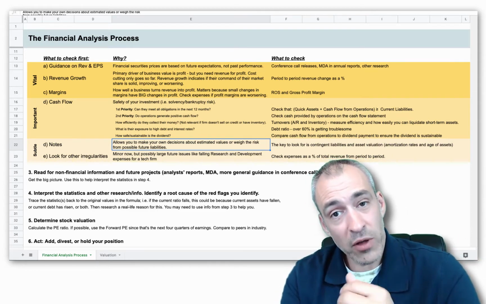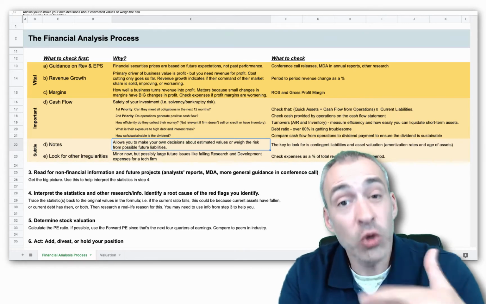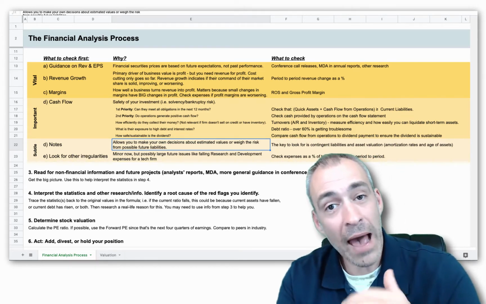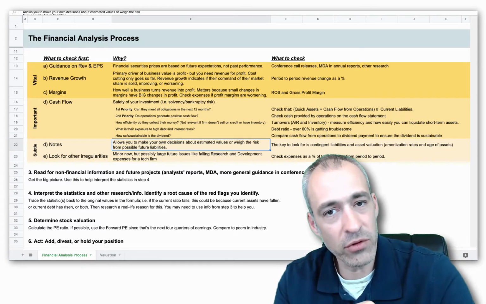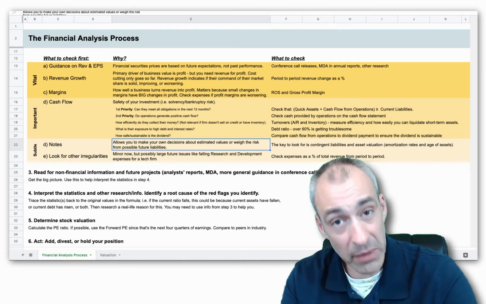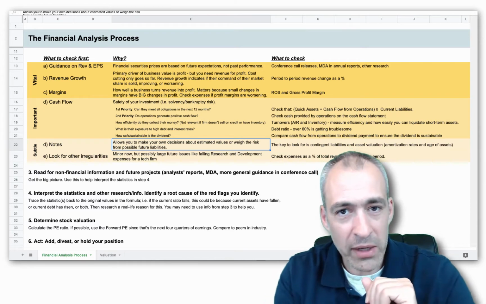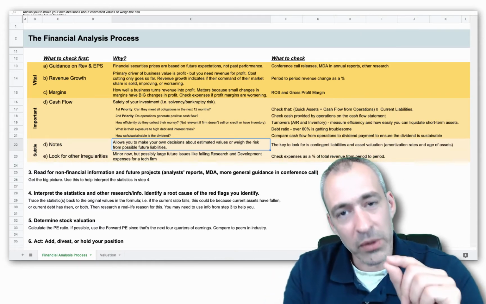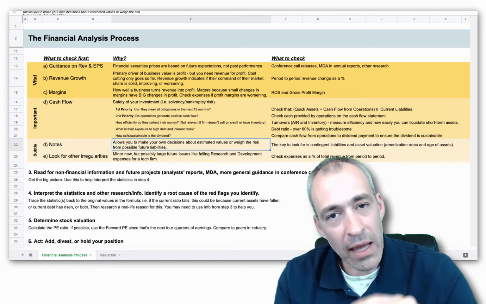So if you have $1 billion worth of assets at cost and the accumulated amortization or depreciation is half that, the company is essentially telling you those assets are halfway through their useful life, which means they're old, will soon need to be replaced maybe, or they're inefficient, maybe not as efficient as their competitors. That's a good trick. But even more important than that is something called contingent liabilities.